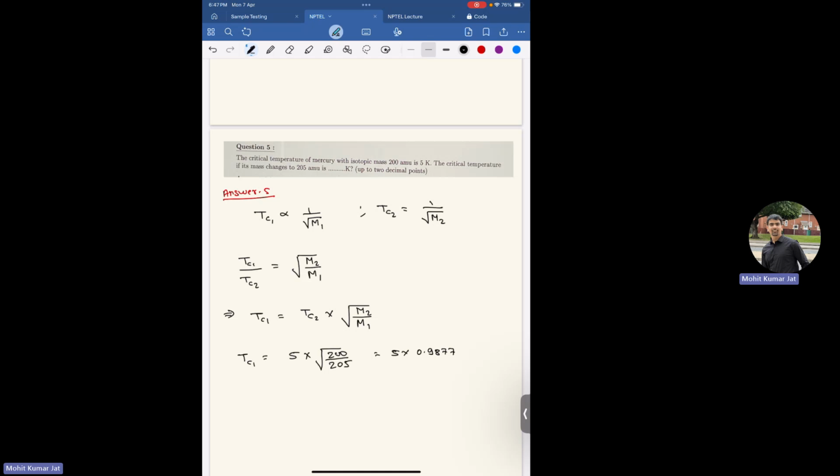If I multiply this number by 5, the value which I will get is 4.9386. Since the question is asking up to the second decimal, it is 4.94 Kelvin. So the correct option here is 4.94 Kelvin.